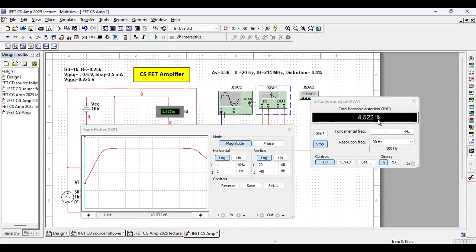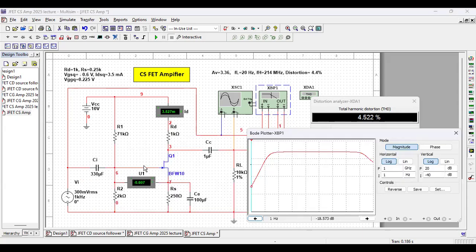Why? The answer is in a BJT, current flows through the base emitter junction, and the base emitter junction characteristic is nonlinear. Remember, the base emitter junction of a transistor is a PN junction diode, and its characteristic is always nonlinear.